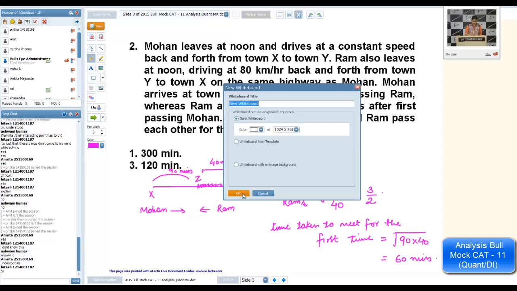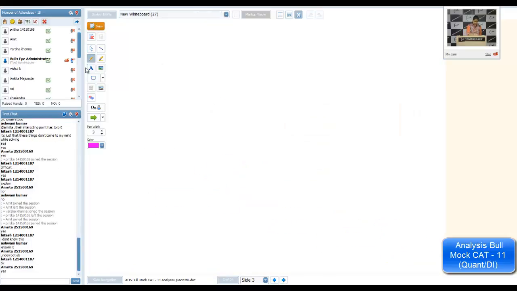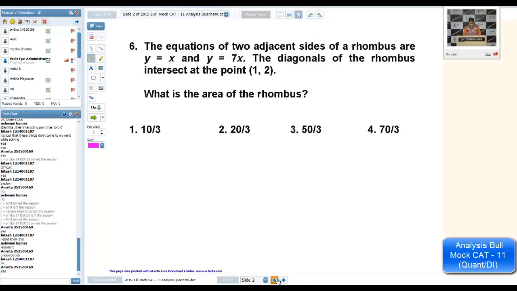See what is the condition given now. You must know these two shortcuts. Okay, the conditions were X, Y, coming back to the question.